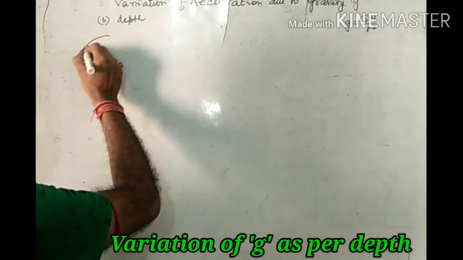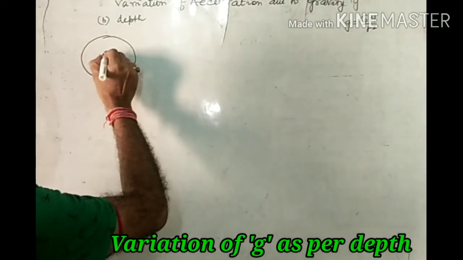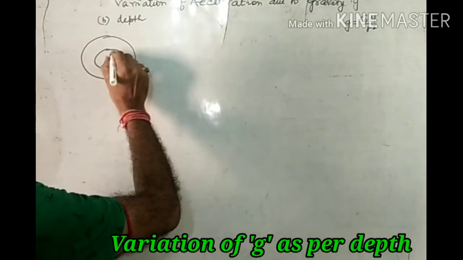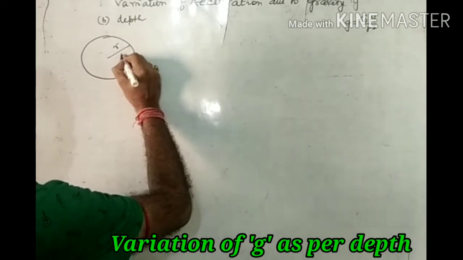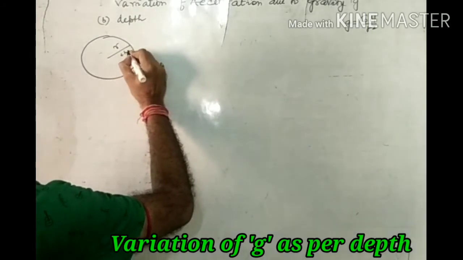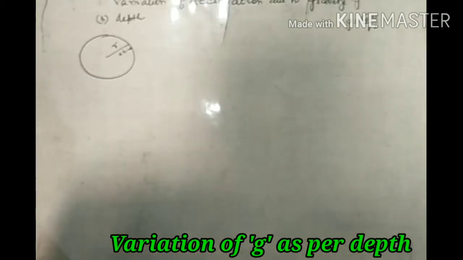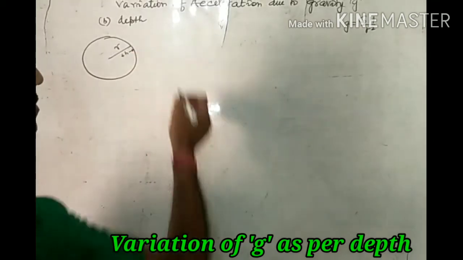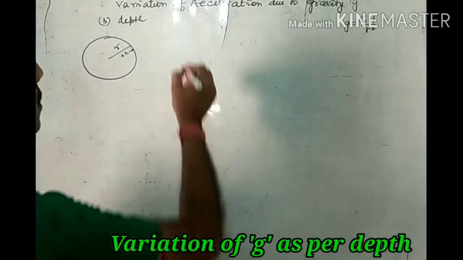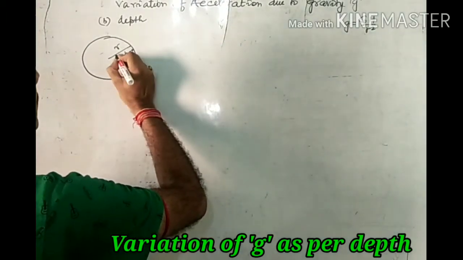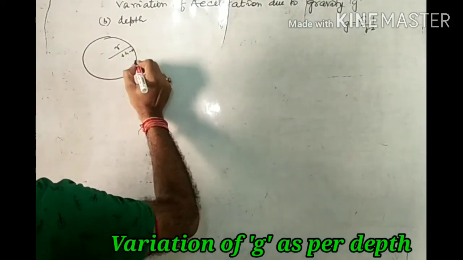See, this is Earth, and this is the radius of the Earth, but we went inside h meter depth inside the Earth. So we know at the surface of the Earth the value of acceleration due to gravity is g equals GM by R square as usual. And suppose at this point the acceleration due to gravity will be g dash.